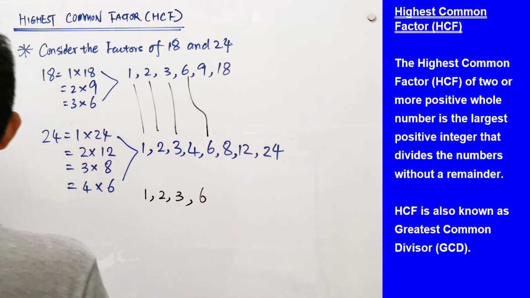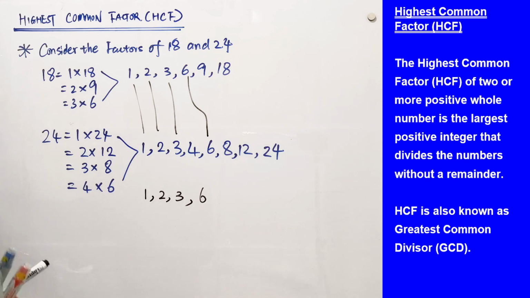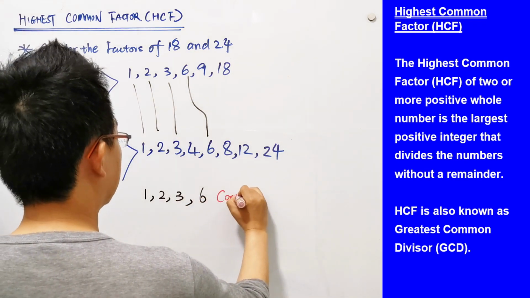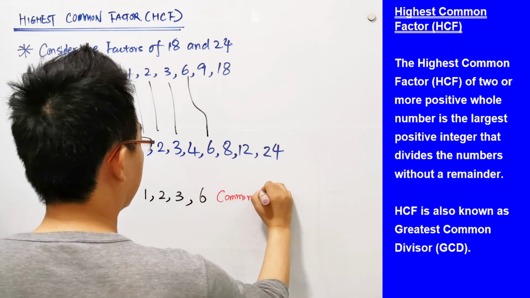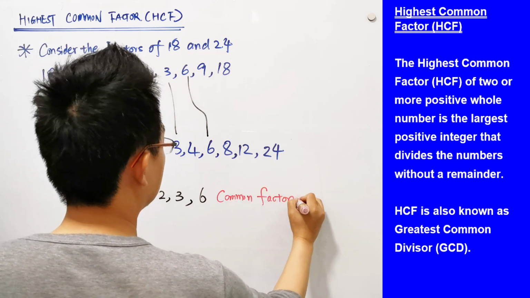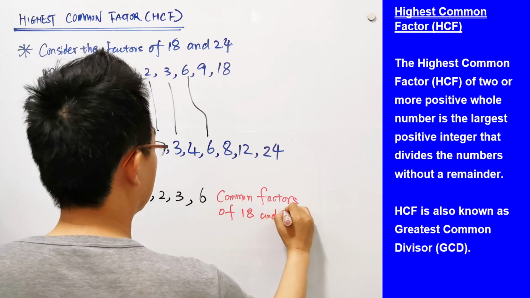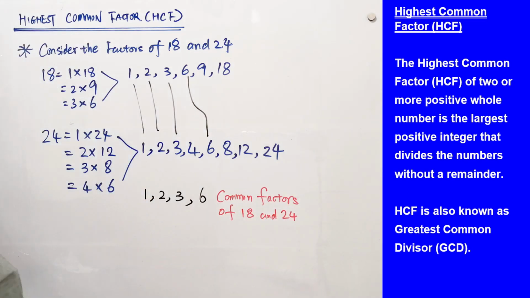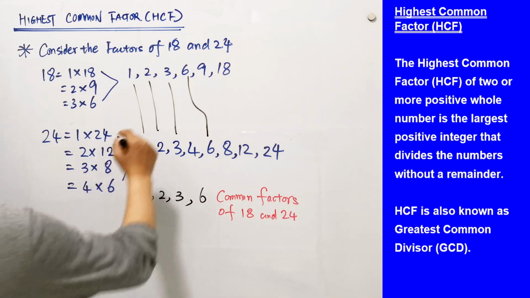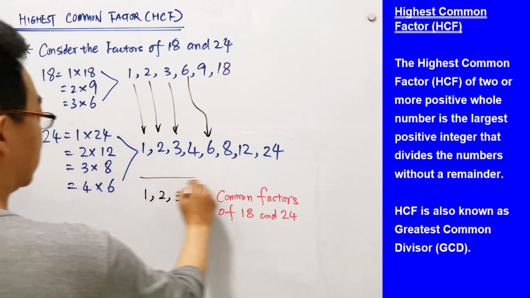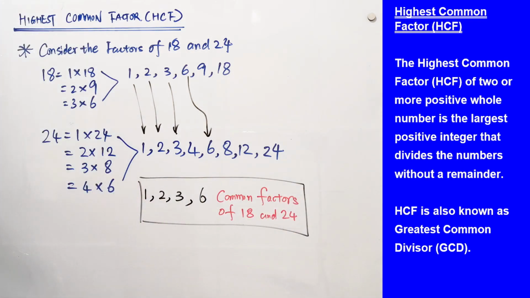So these are the common factors of 18 and 24. Is it correct? Just look here. Okay, so they are the common factors of 18 and 24.